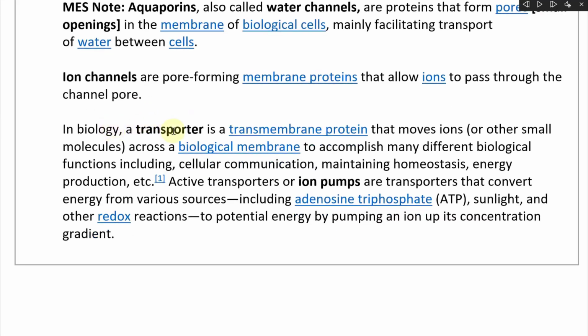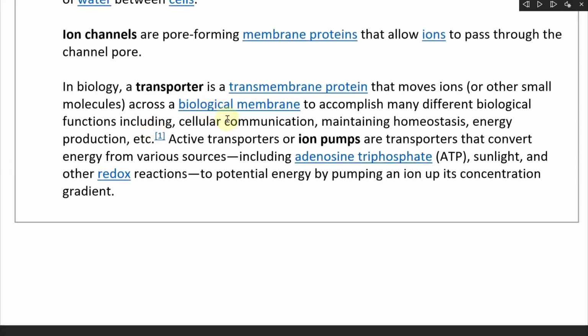In biology, a transporter is a transmembrane protein that moves ions or other small molecules across a biological membrane to accomplish many different biological functions, including cellular communication, maintaining homeostasis, energy production, etc. Active transporters or ion pumps are transporters that convert energy from various sources, including adenosine triphosphate or ATP, sunlight, and other redox reactions, to potential energy by pumping an ion up its concentration gradient.